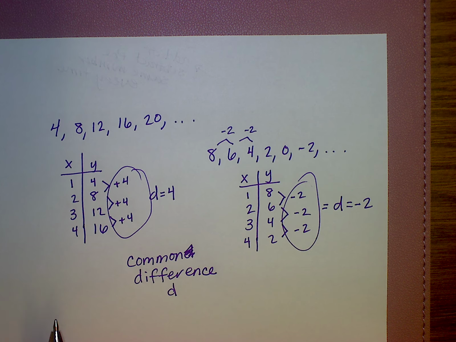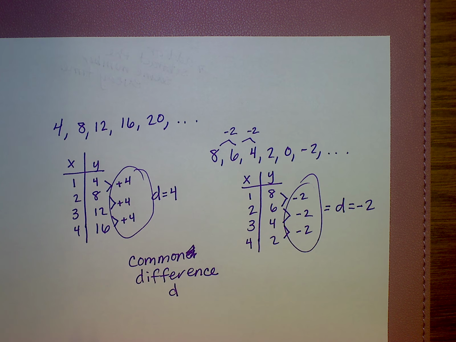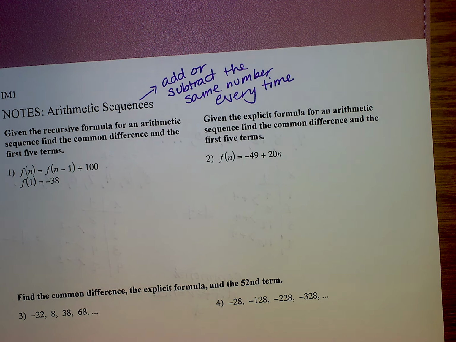No? Yes? Okay. And then it was also in an equation. Do you remember where it was in the equation? Anybody remember that? That magic word? It was known as the slope.